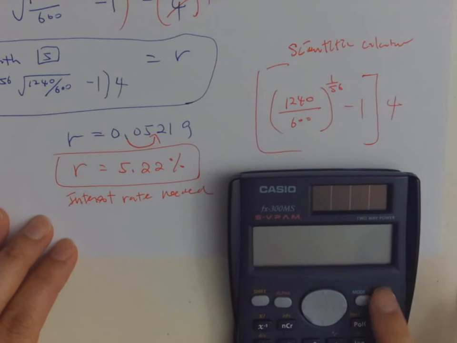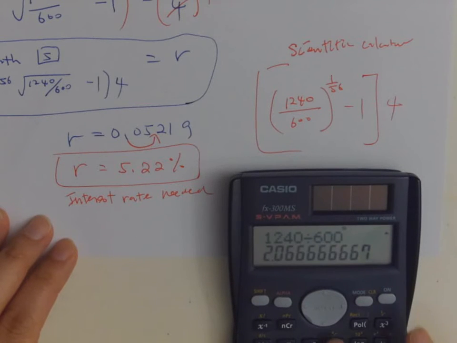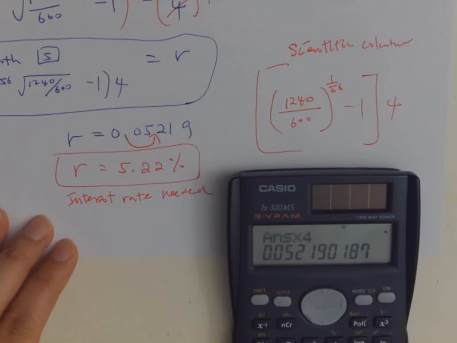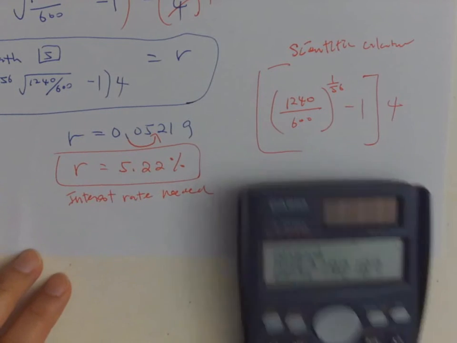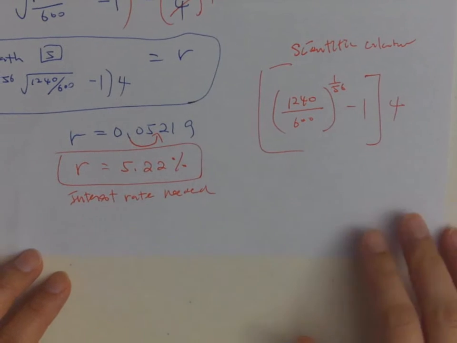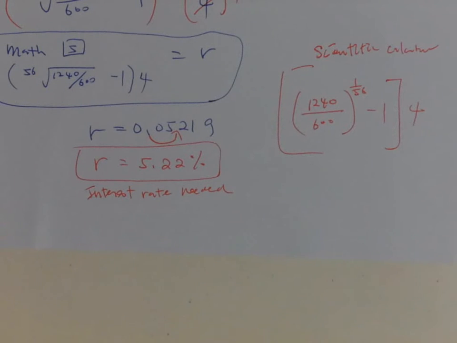So it's going to be 1240 divided by 600, enter, raised to parenthesis 1 divided by 56, close it, then subtract 1, and then multiply by 4. Okay, same number, 0.05219. So that's another way to input it if you don't have a graphing calculator. Okay, that's number 43.